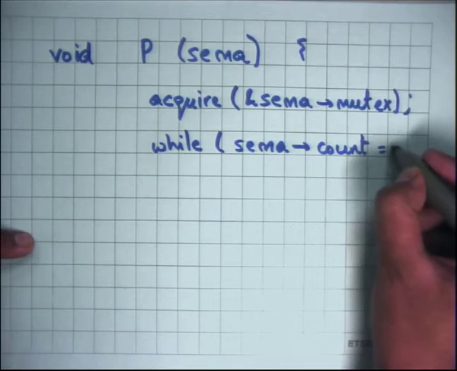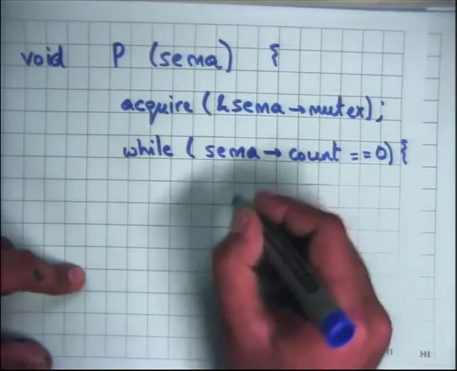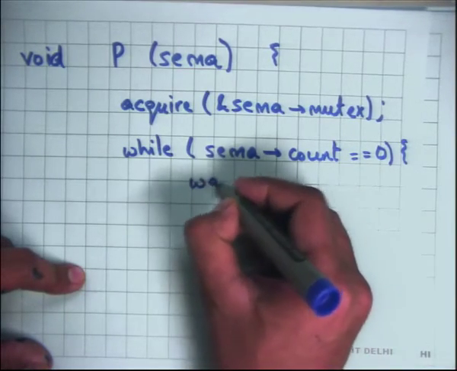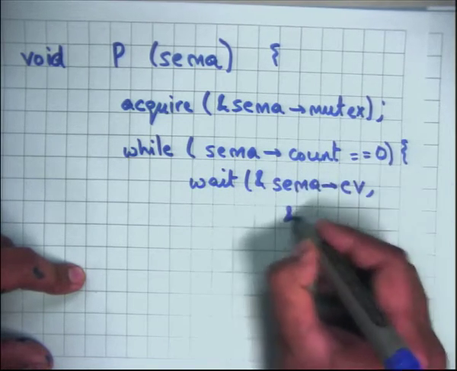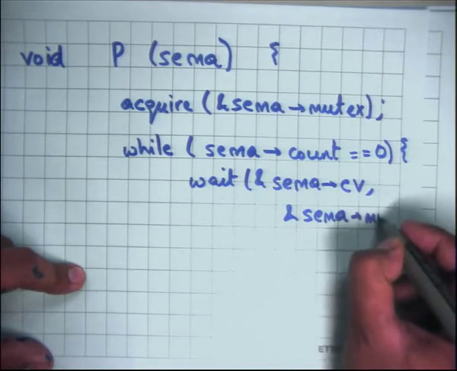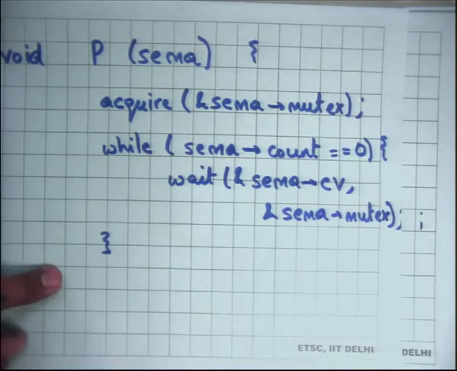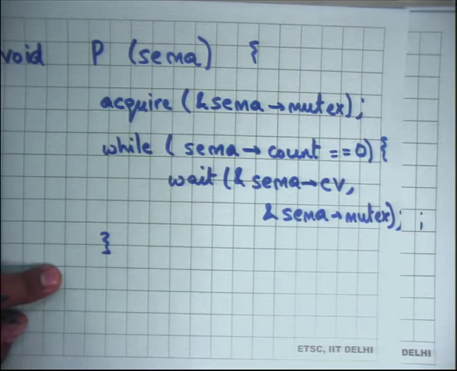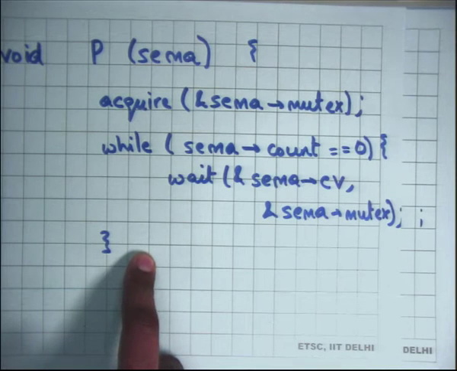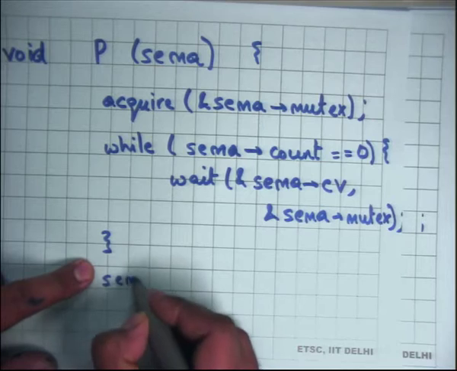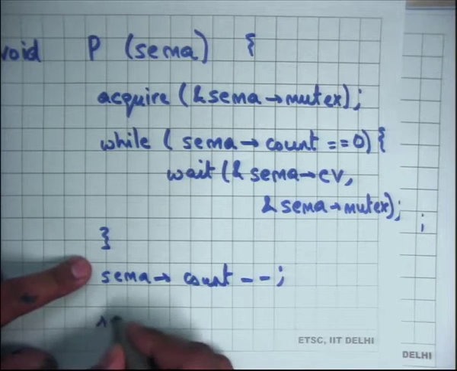So while count is not greater than 0, in other words while sema.count is equal to 0, wait on sema.cv and sema.mutex. And if I come out of the loop, I can be sure that sema.count is greater than 0. At this point I can just say sema.count minus minus, and then release.